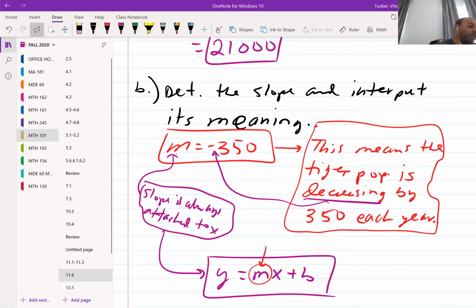And so in purple, I was just re-emphasizing the fact that the slope is what's already attached to x. That's what's in front of x. So that's why we got that 350.